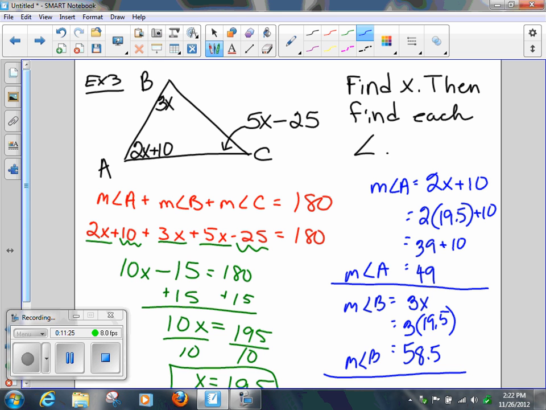Now what? I can substitute again. Do I have to? I can take 180 minus 49 minus 58.5, and if I have figured these first two correctly, then my third angle will be correct as well. Yes or no? But what if I've calculated something wrong?